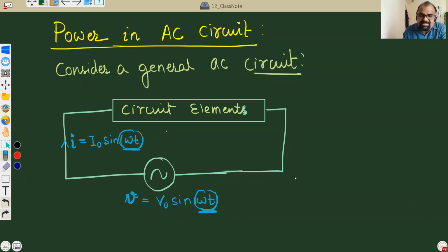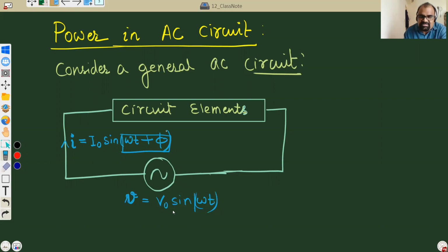In fact, we have already seen only in a purely resistive circuit, current phase angle and voltage phase angle will be the same. Otherwise, there will always be some difference between current and voltage. So let that phase difference be phi. Now, what is the phase of the current? It is omega t plus phi. What is the phase of the voltage? It is omega t.